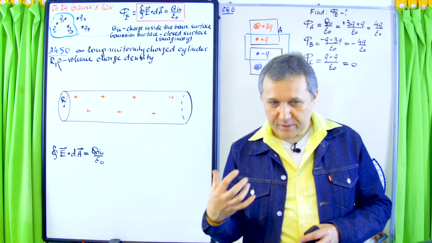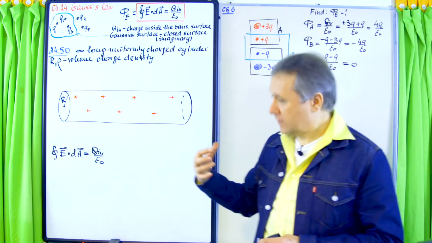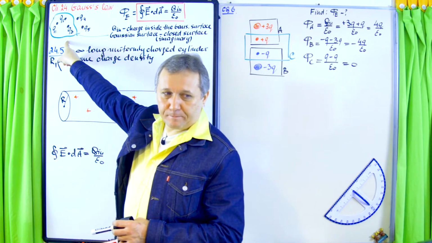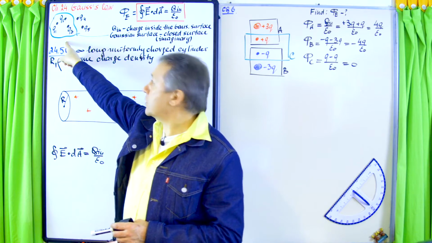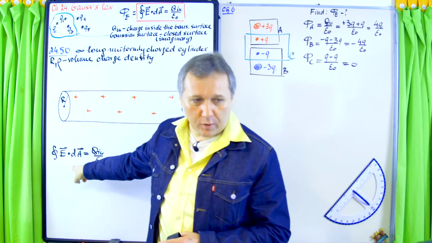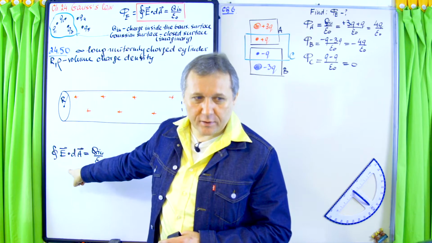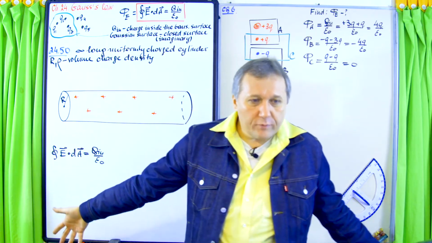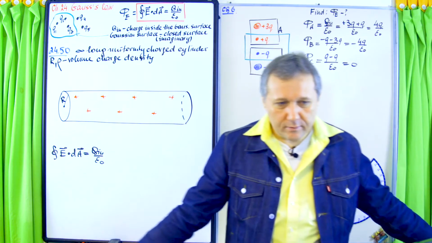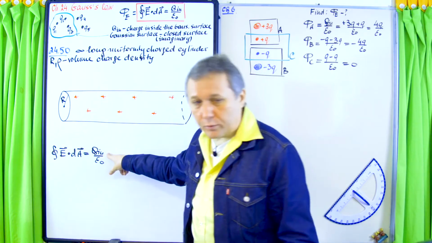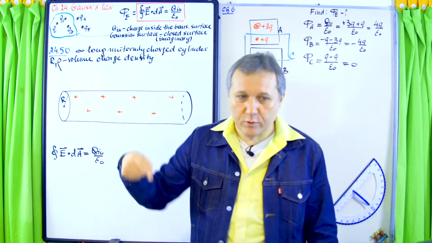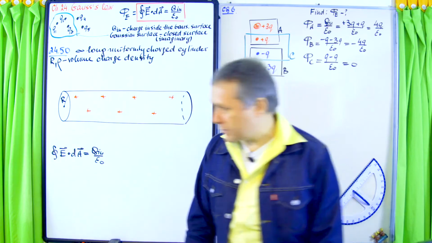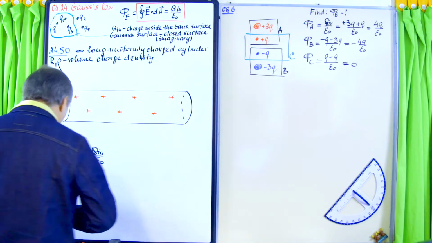The first step must be to pick a Gaussian surface, because it's a surface integral, an integration over a Gaussian surface. Also Q enclosed is the total charge within the Gaussian surface. If you haven't picked the Gaussian surface, there's nothing to discuss.